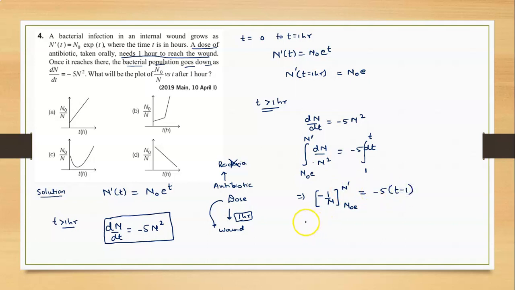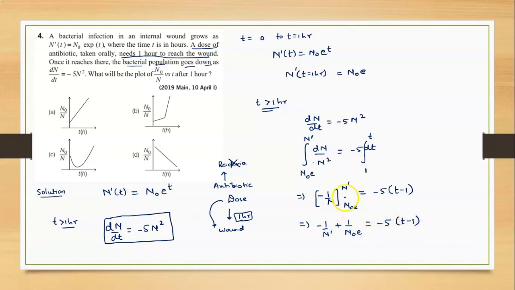Now if I put the value, what do I get? Integration of this, everybody knows, gives minus 1 upon N dash plus 1 upon N naught e is equal to minus 5 times t minus 1.